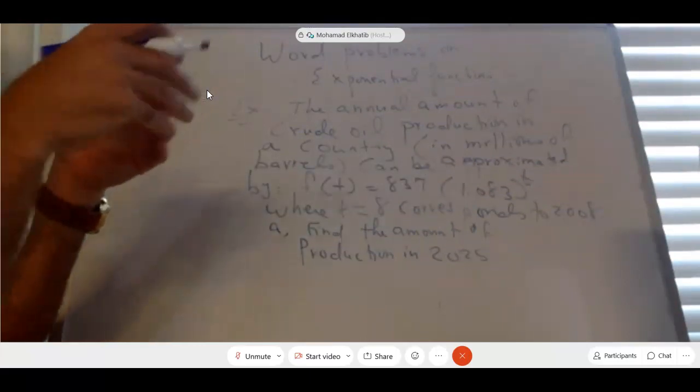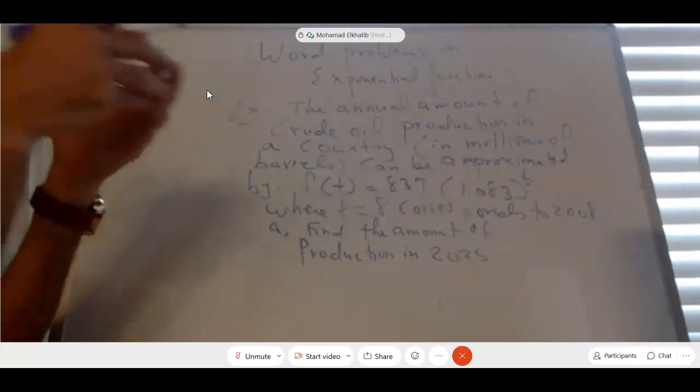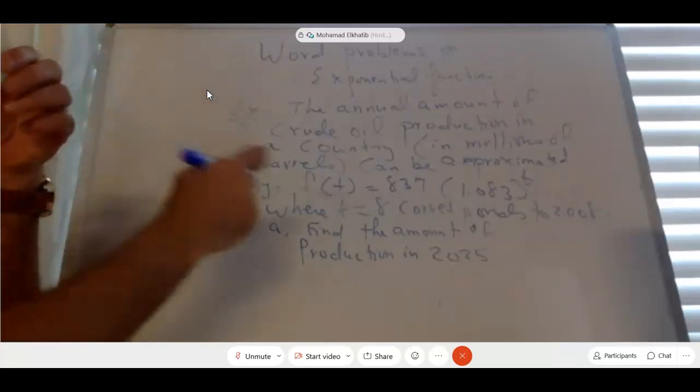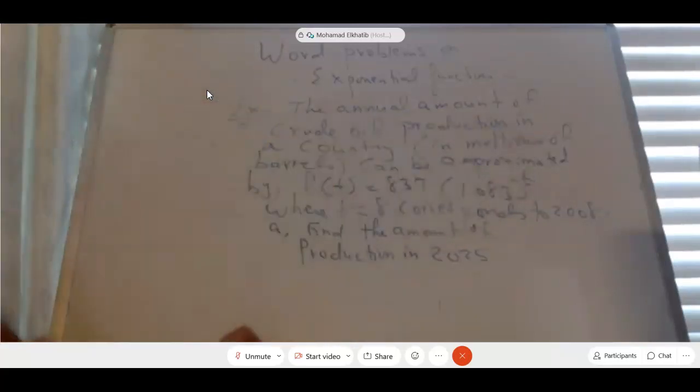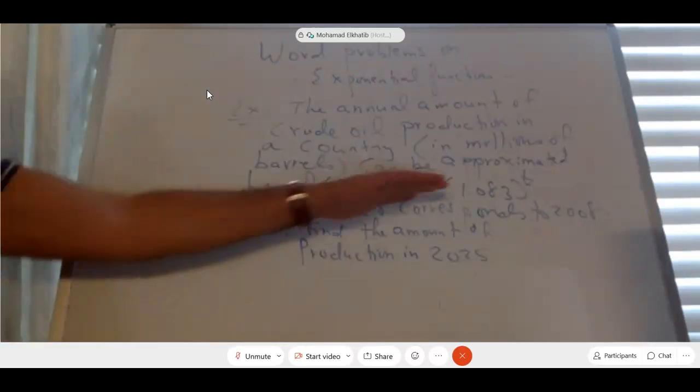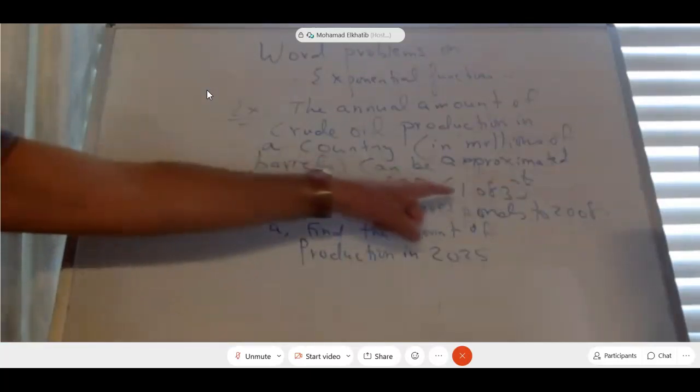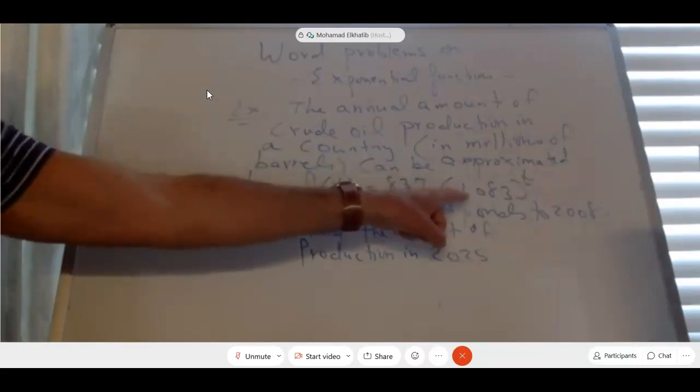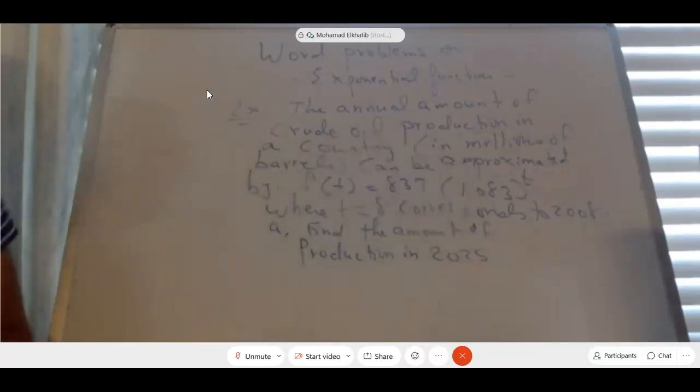You put the year and you figure out the production amount, and the pattern comes out in this function right here. F of t equals 837 times 1.083 raised to the power t. And for those of you who want to know what this function means, 1.083 means every year it's going up by 8.3%.